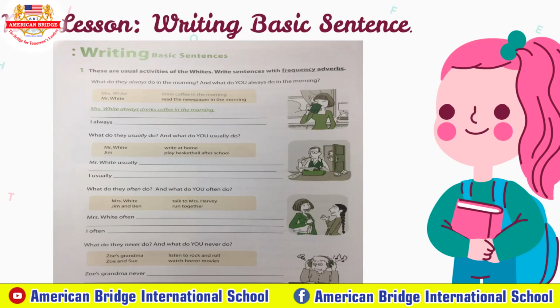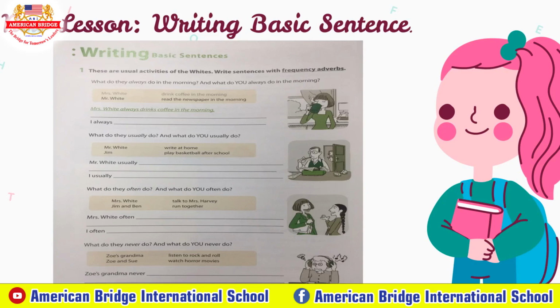Mrs. White always drinks coffee in the morning. Now we have also Mr. White. Mr. White blank read the newspaper. So you have to listen to me, everyone, and write down the correct answer. So for our second sentence, everyone, Mr. White always, correct, always reads the newspaper in the morning.